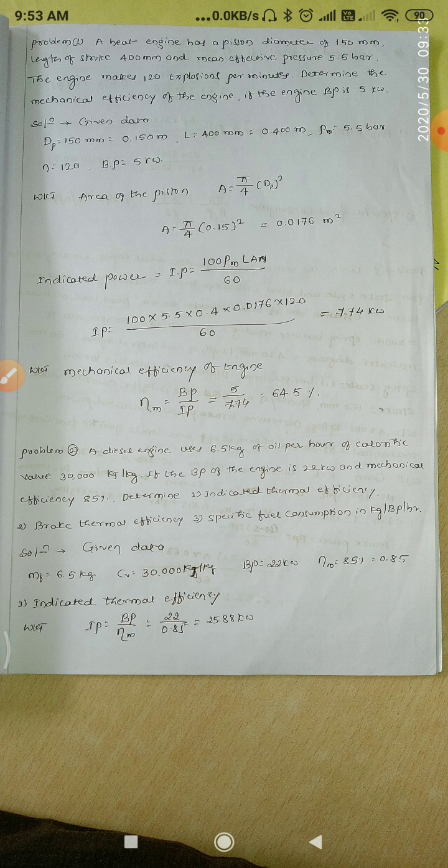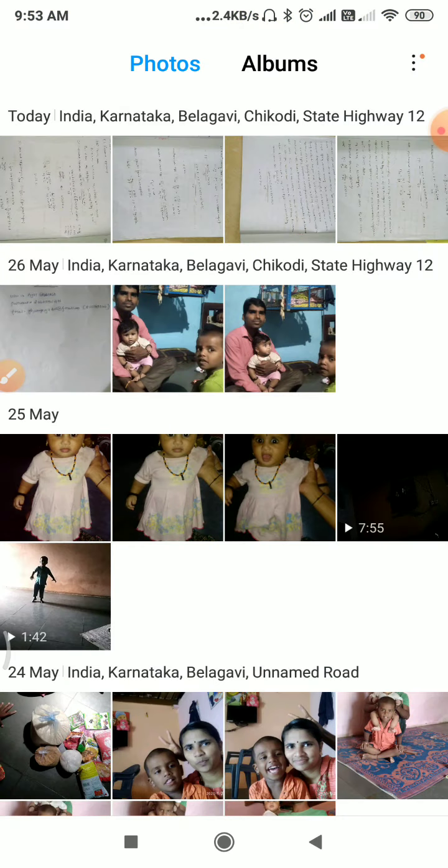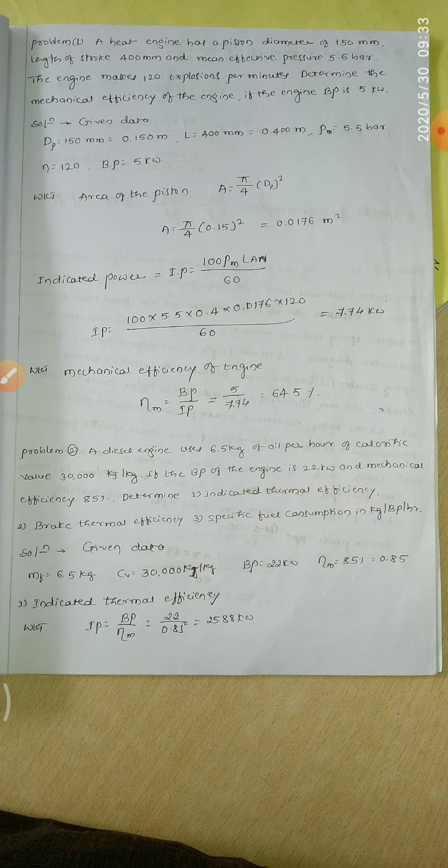PM is given as 5.5 bar, L is the length of stroke, that is 0.4, area equal to 0.0176, and n equal to the number of explosions, that is 120. The whole is divided by 60. Then substitute all the values in the IP formula. That equals 7.74 kilowatt. This is the indicated power.